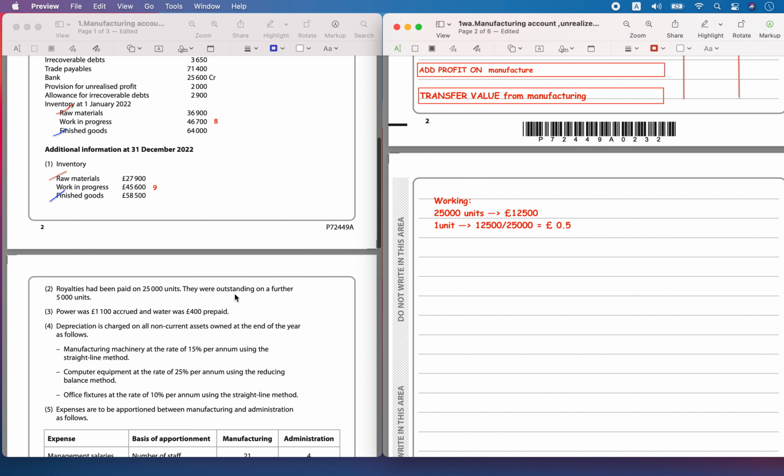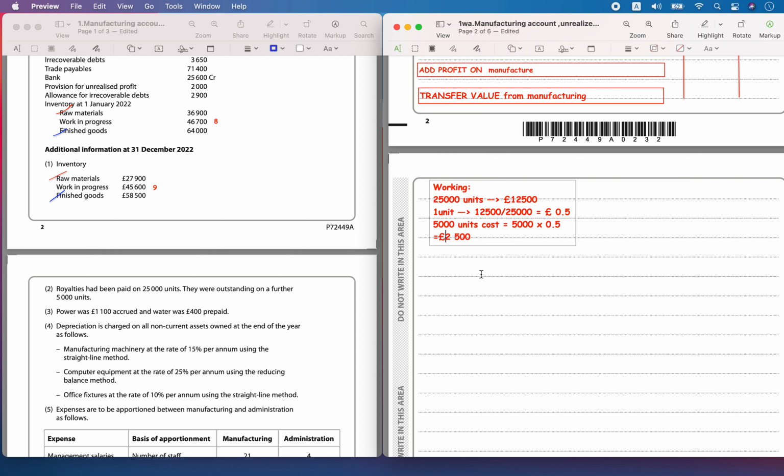Now they are saying 5,000 units are due. So what is the cost for 5,000 units? The cost will be equal to 5,000 times 0.5, that is equal to 2,500 pounds.